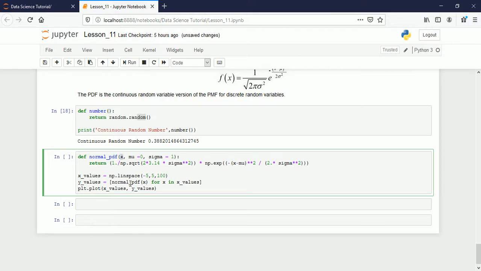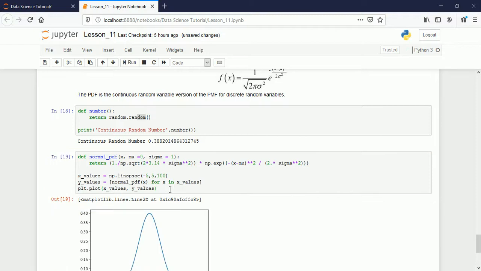So y is equal to, I am calling the function and passing x. I created a for loop within a list, that is called list comprehension, if you remember. Every time, for that x value, I am sending a single value to this function, and I am plotting it here.